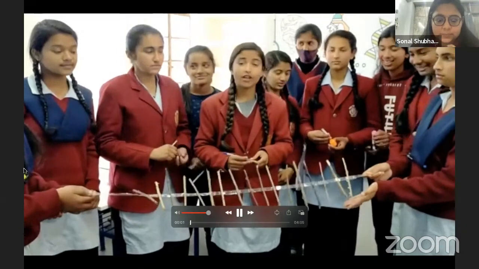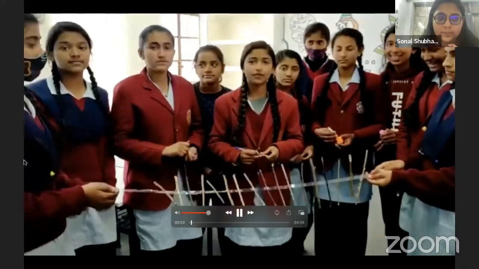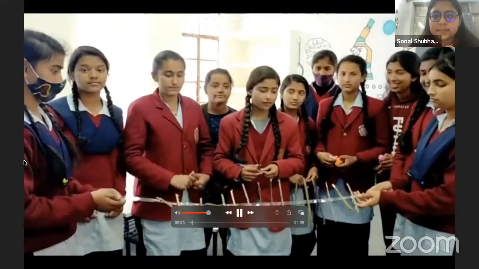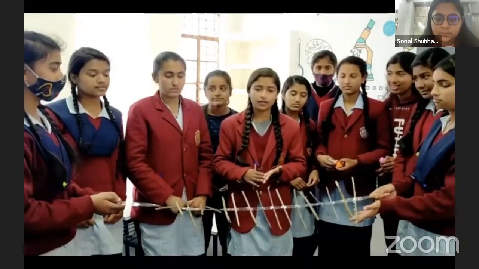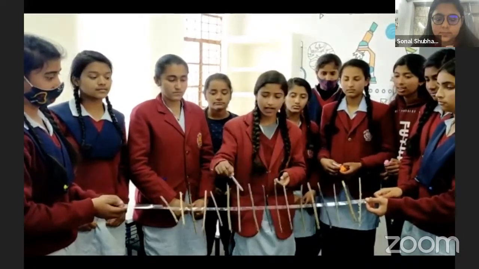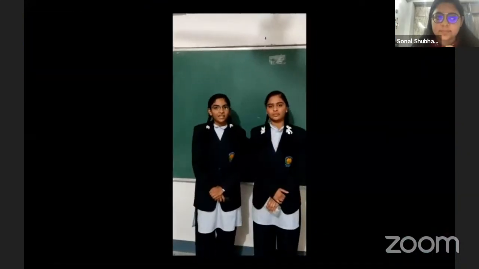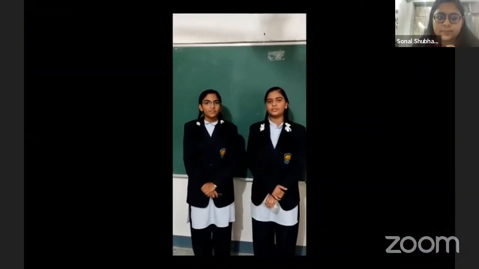Hello everyone, we are 11th class girls from JNV Champawat Uttarakhand. We are showing this transverse wave. The transverse wave particles vibrate perpendicular to the direction of propagation of wave, and this is showing the direction and movement of the transverse wave. Greetings to everyone. I am Aisha Agnihotri and I am Srishti Swami of class 11A from JNV Indore. We are going to show our exhibit Dancing Laser inspired by Sparkle series on the topic Science of Sound.